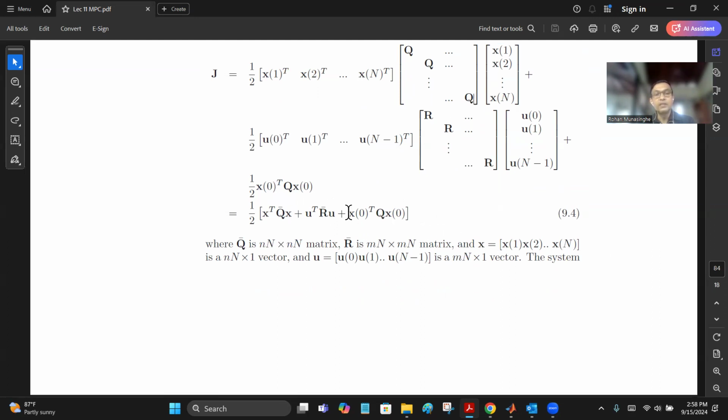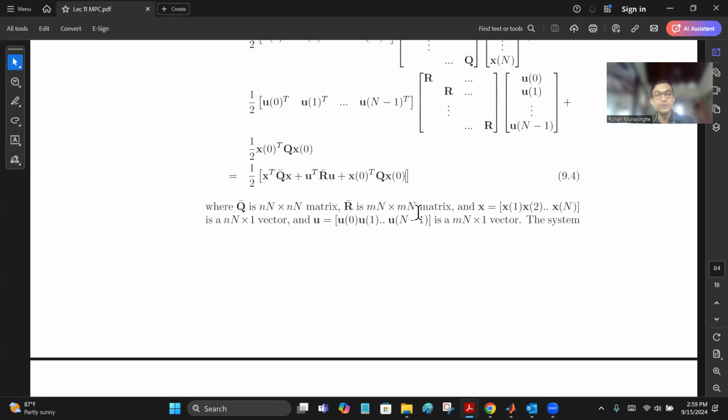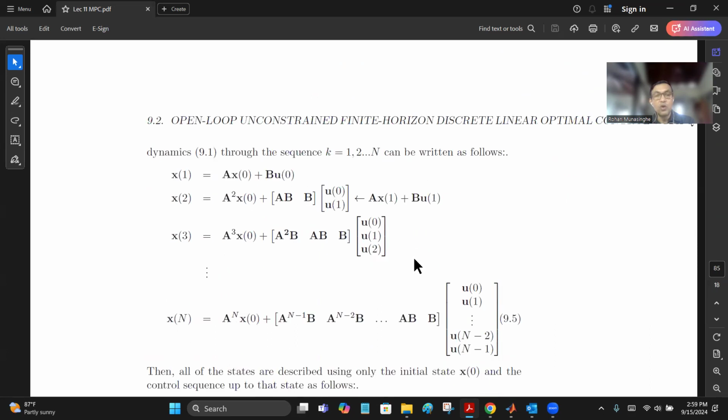And finally, you have one single term over here, without Q bar, the x transpose thing at time 0. So it is only at time 0. All right, so we move on.